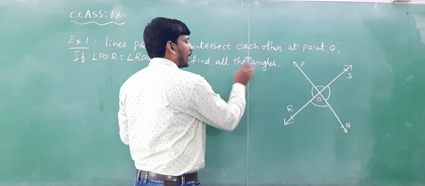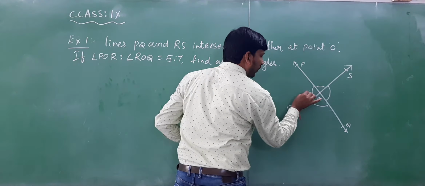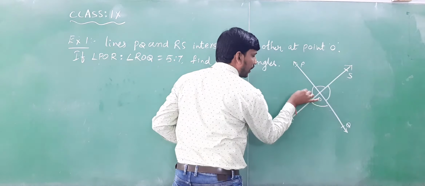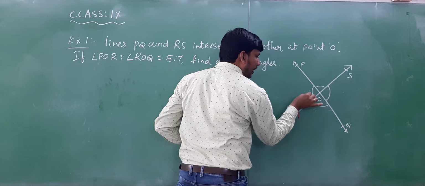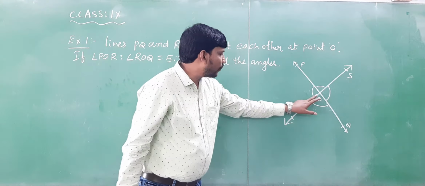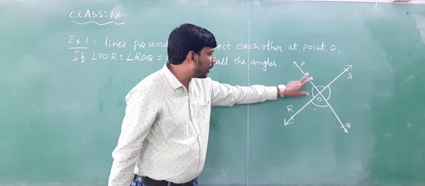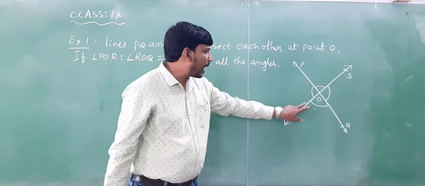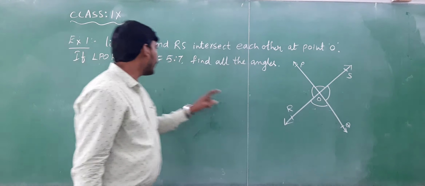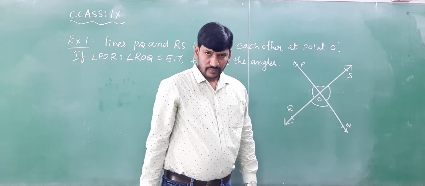Find all the angles. Children, the ratio of angle POR and angle ROQ is 5:7. Find all the angles. Clear?